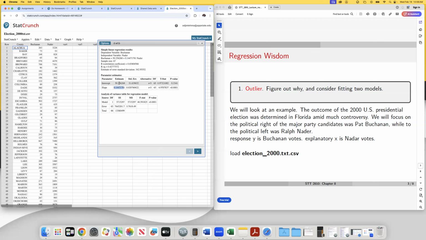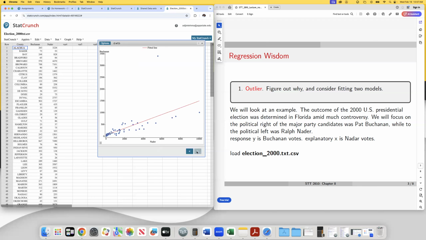So this is the intercept, and this is the slope. Now let's look at R. R is 0.6540, and R squared is 0.4278, or 42.78%.